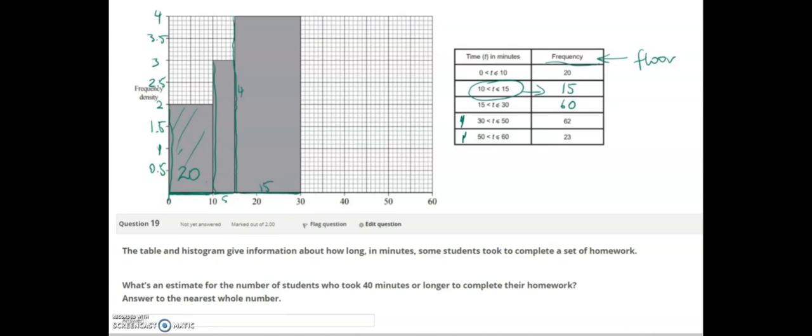We'd have 62 divided by 20, which gives us 3.1. So it'd go to 3.1 here. And for between 50 and 60, we'd have 23 divided by 10, which gives us 2.3.